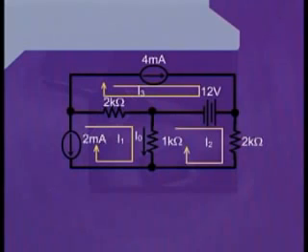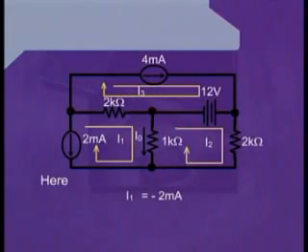Now, looking into the mesh 1, we can clearly see that the assumed value of the current I1 is opposite to that of the current source. Therefore, we can write I1 is equal to minus 2 milliamperes, as the whole current which will be flowing into this mesh will be supplied by the 2 milliampere current source.